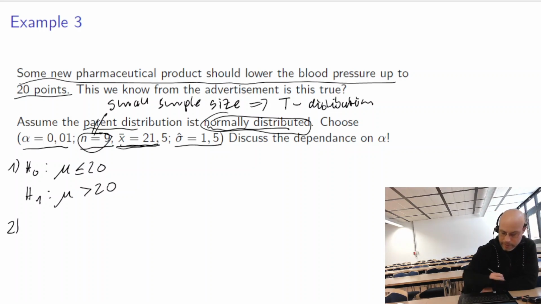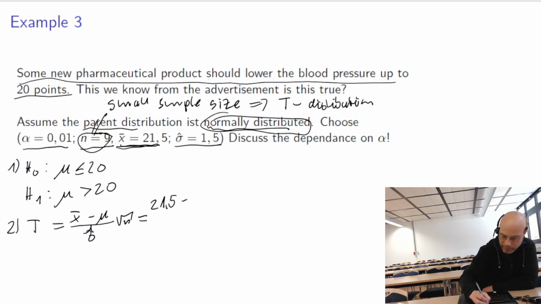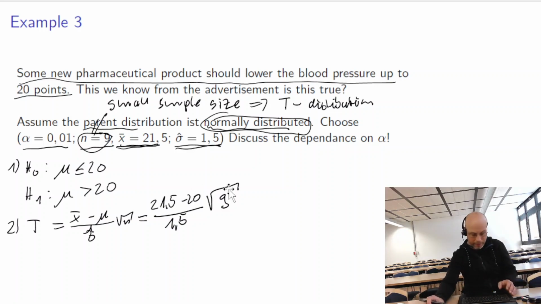Second, test statistic. Now t equals x bar minus mu over sigma hat over square root of n, equals 21.5 minus 20 over 1.5 over square root of 9.